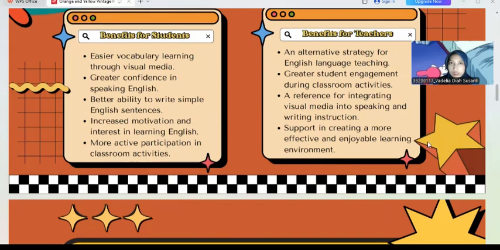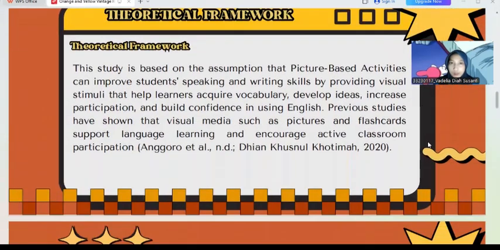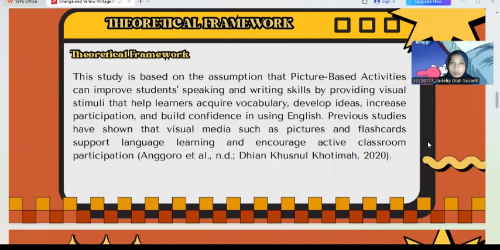And the next is the theoretical framework. Let's move to the theoretical framework. The study is based on the assumption that picture-based activity can improve students' speaking and writing skills. Pictures provide visual stimuli that help students understand vocabulary and ideas, increase participation, and build confidence when using English.